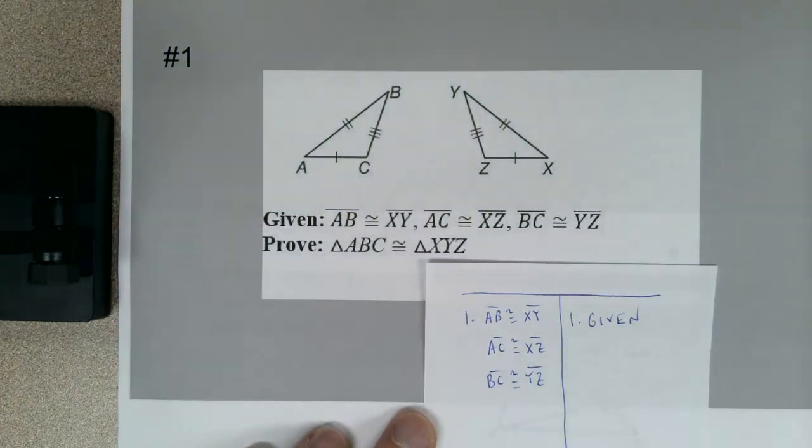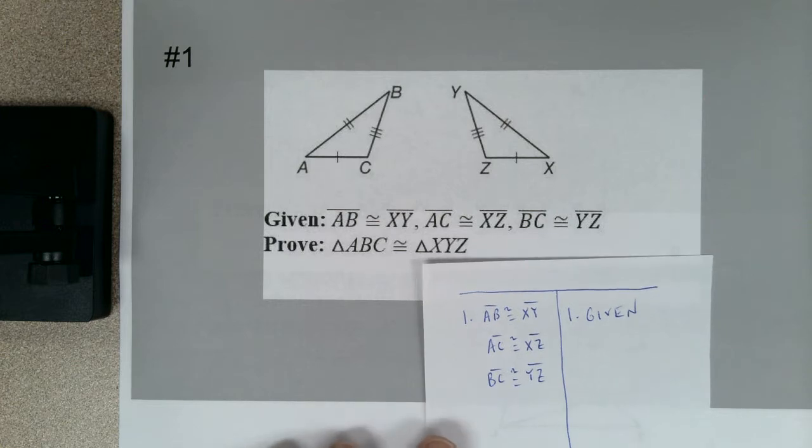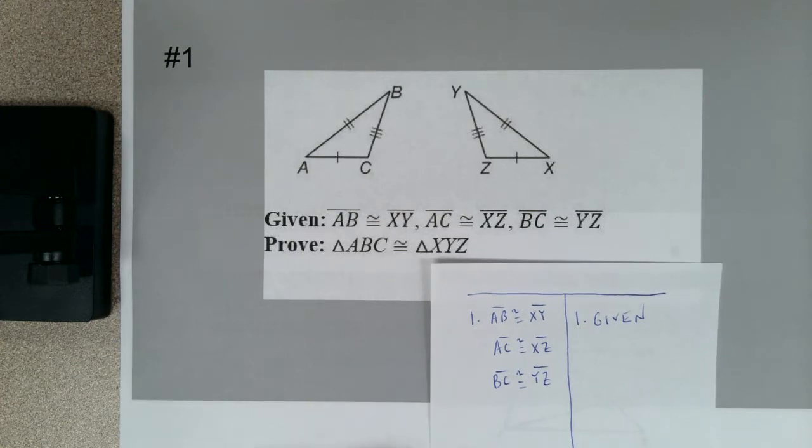Now, just so that you know that you've got enough information on these proofs to prove what they're asking you to prove, I'm going to suggest that you use a small letter S for any sides that are congruent and a small letter A for any angles that are congruent that you write in your proof.